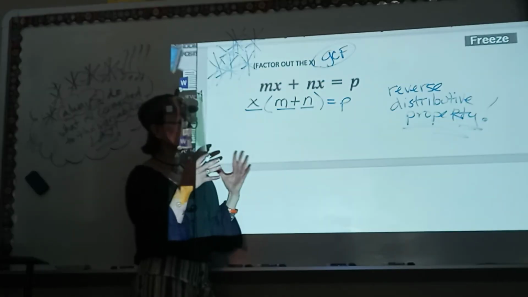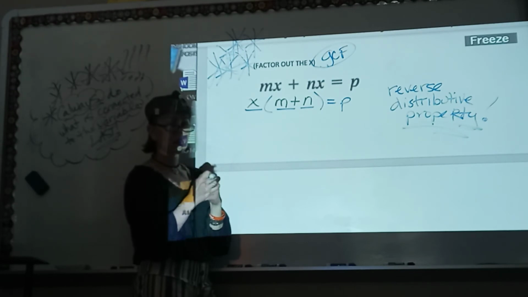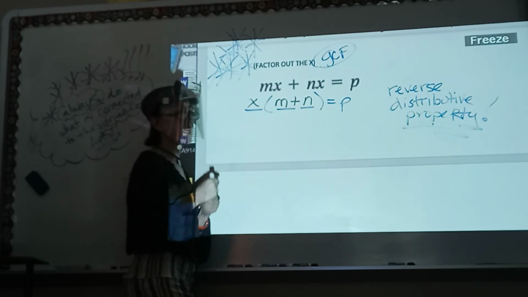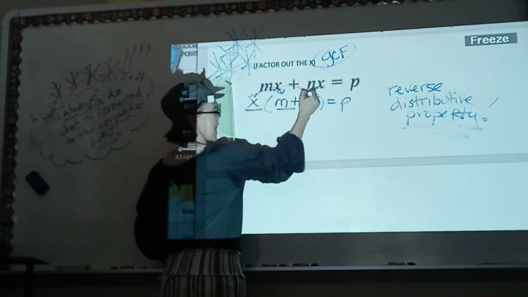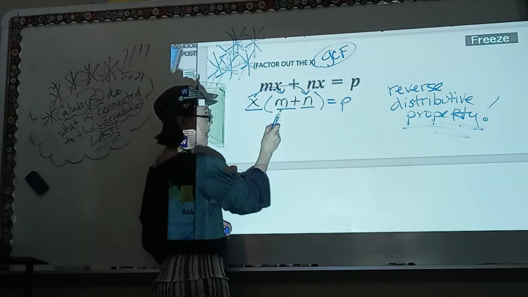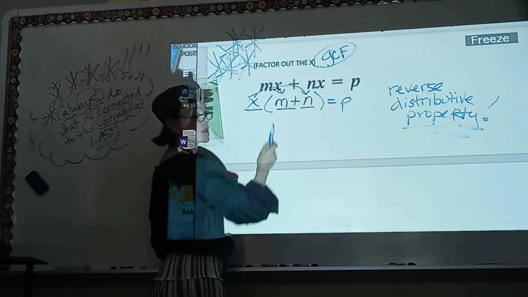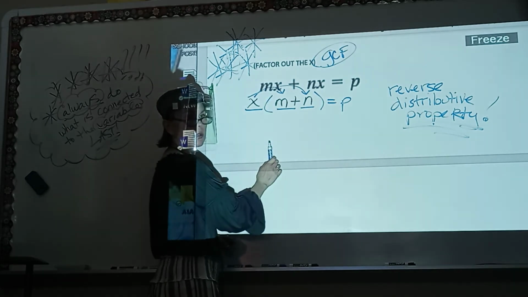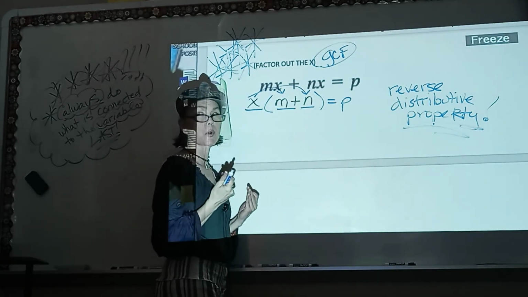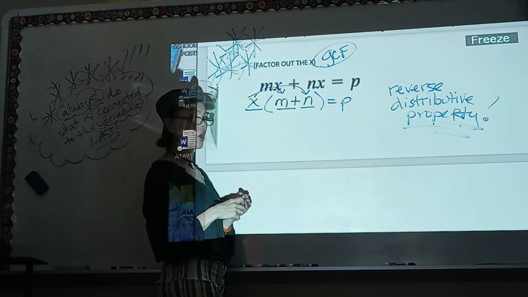Okay, now can you see, look up here, can you guys see if we did the distributive property, we would be doing this, 1 and 2. Do you guys see that? And what would we get? What's x times m? Mx. What's x times n? Nx. Do you see that we did the reverse of the distributive property? Please, you guys, I hope you see this.